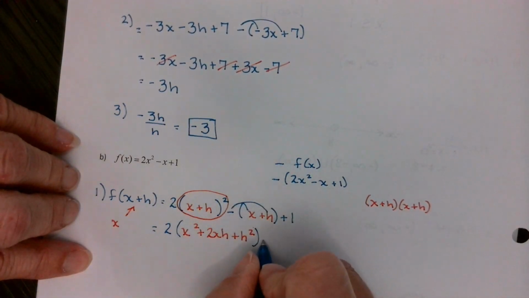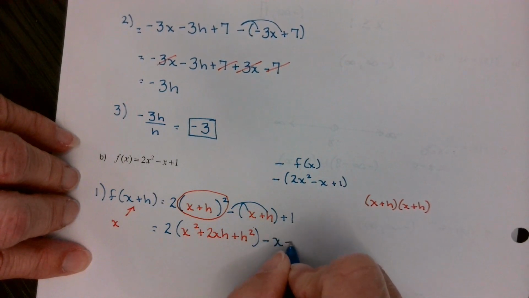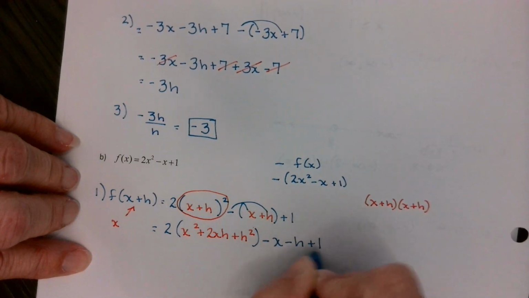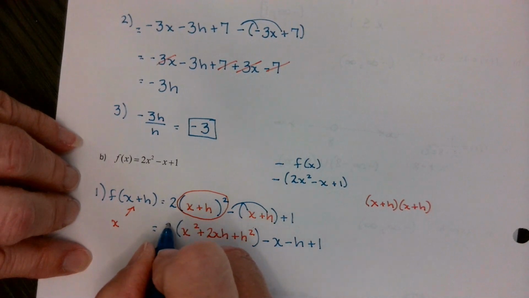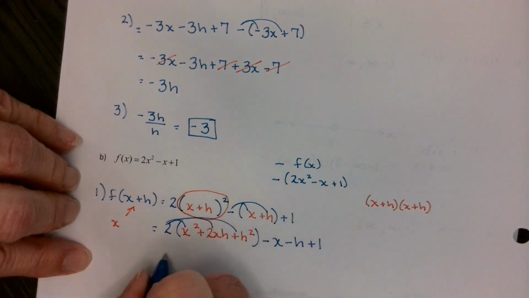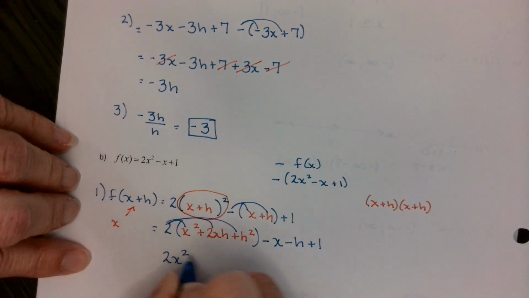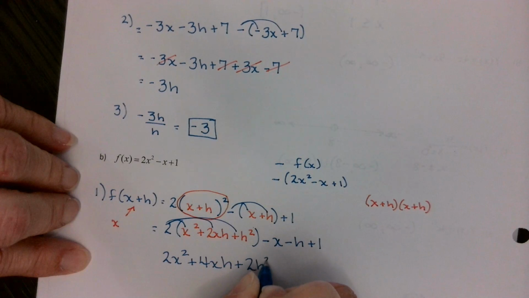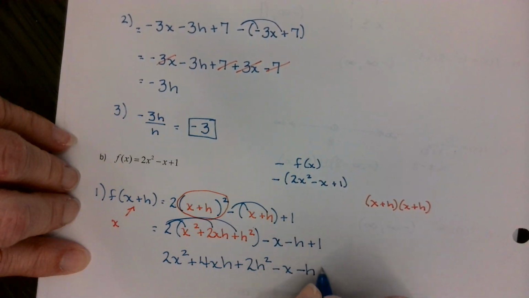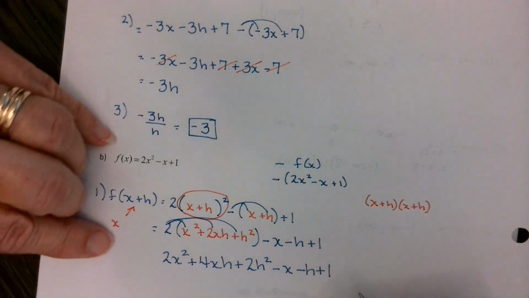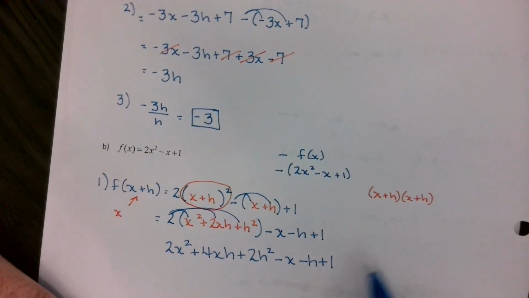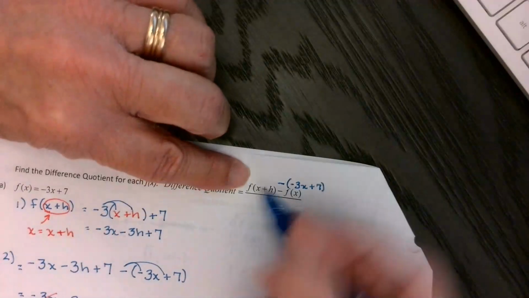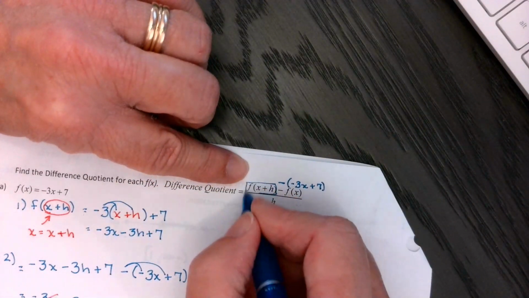Every sign changes, so it's minus x minus h plus 1. I'm going to distribute. I get 2x squared plus 4xh plus 2h squared minus the x minus the h plus 1. Okay, I had to do all that work just to find out what this gives me.